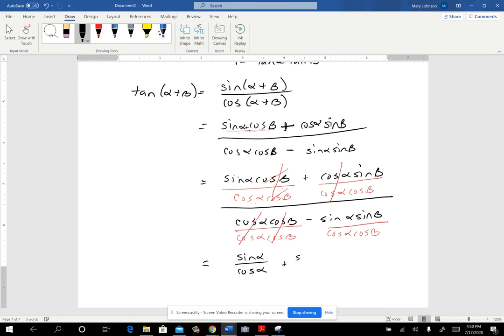And then here I have sine beta over cosine beta. And in the denominator, this doesn't go away to where you don't have anything, but it equals 1 now. And then here, nothing canceled out. I had sine alpha, sine beta over cosine alpha, cosine beta. I keep saying theta instead of alpha. All right.